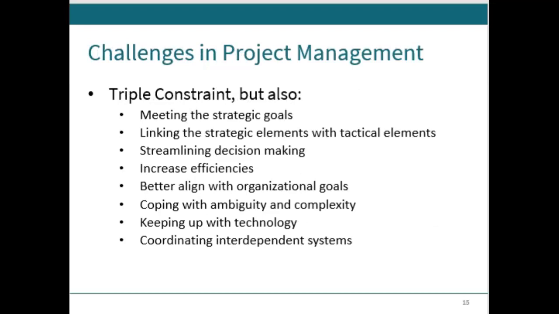Okay. So there are challenges in project management. I mentioned the triple constraint and making trade-offs between scope, schedule, and cost, right, to keep that triangle in balance. But there are other challenges. We want to make sure we're meeting strategic goals, so we've got to know what those goals are. And we want to link our tactical project to those strategic efforts.